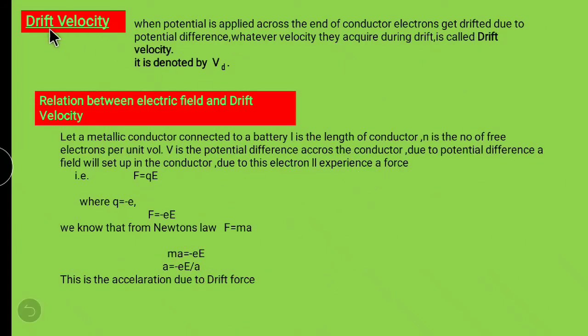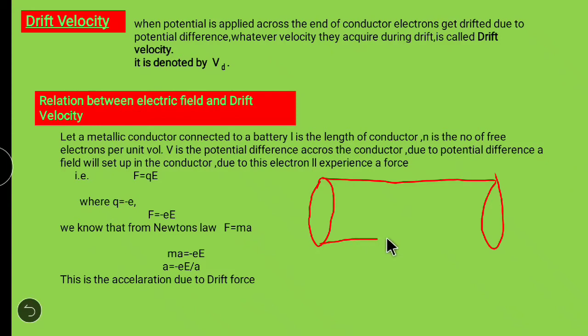Here students, drift velocity. What do I mean by drift? Drift means to push. So let us elaborate this thing. Students, this is the conductor. Let me draw it first.